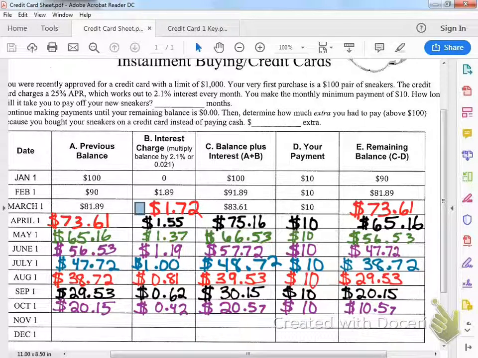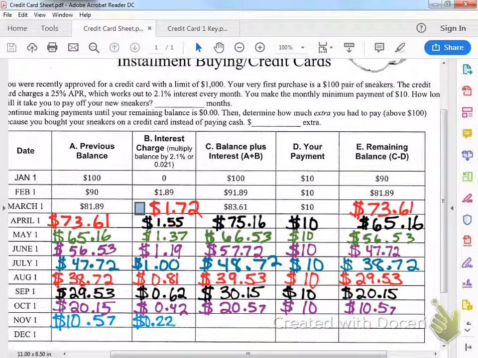All right, another month comes and goes. Your carryover balance is $10.57. How much interest are you getting charged? $0.22.